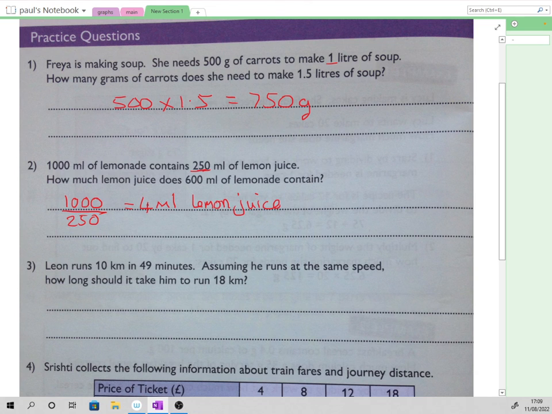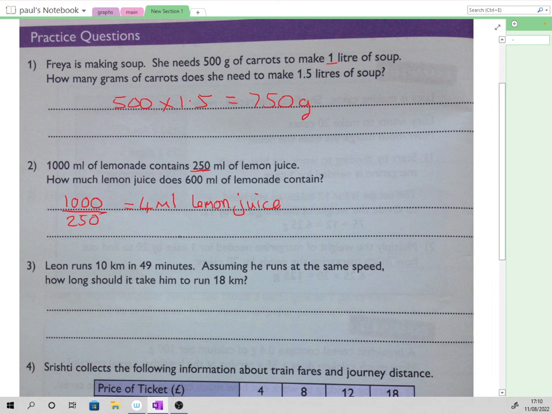So that will be 4 mils of lemonade per mil of lemon juice. This is written back to front, this one. I don't like this one. They're written back to front. It's annoying. Yeah, page 44.